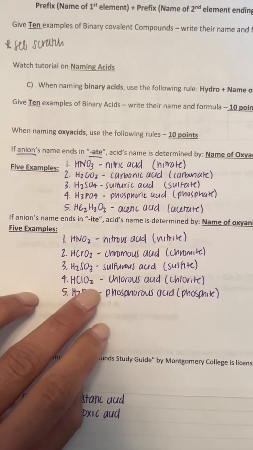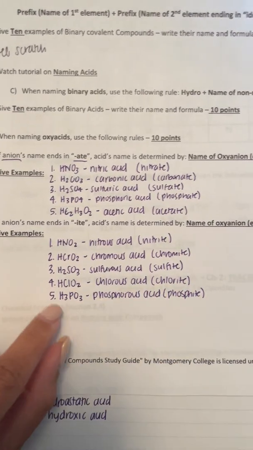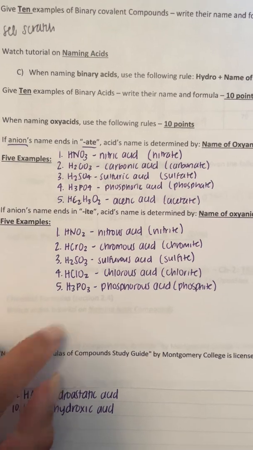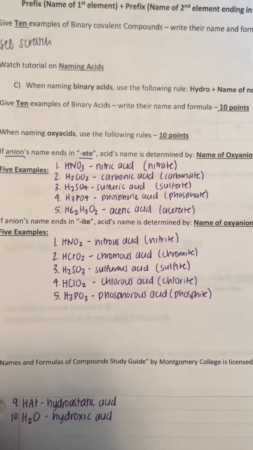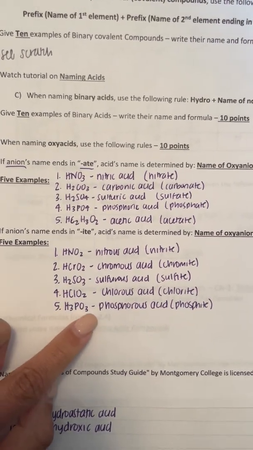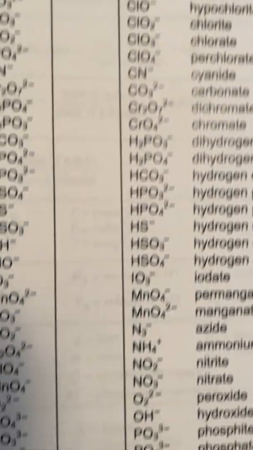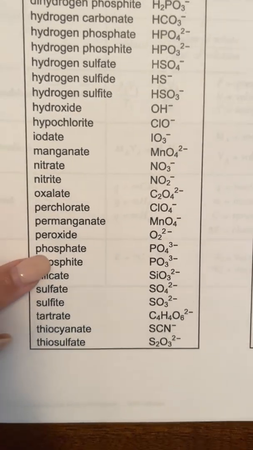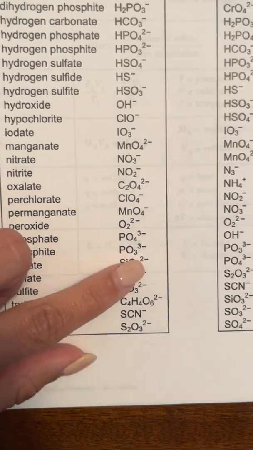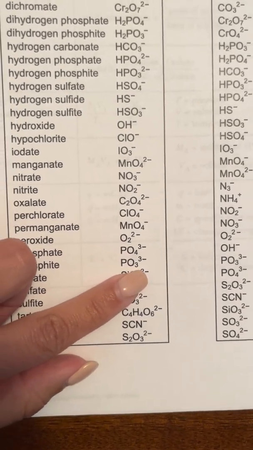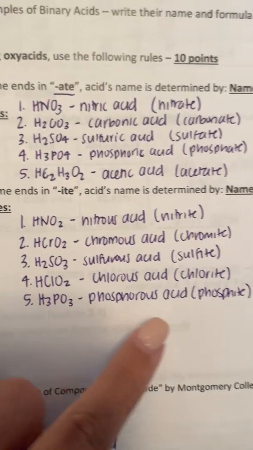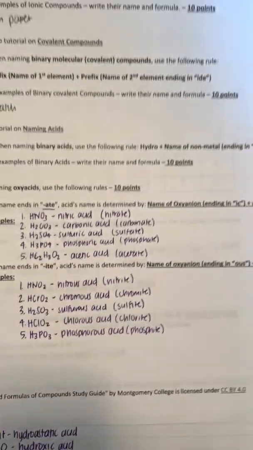HClO2, this ClO2 is a chlorite, so chlorous acid, and then H3PO3 is our last one. The PO3 would have a 3 minus charge, that's why we have 3 hydrogens, and I'll show you that. Let's see. Here is our phosphite, the 3 minus, PO3, 3 minus charge, H3PO3, phosphite turns into phosphorous acid.